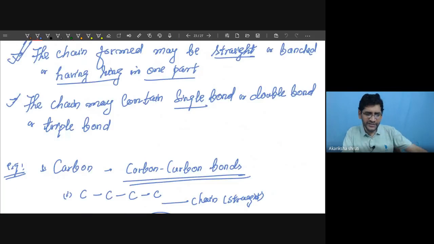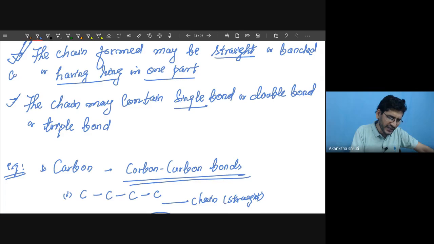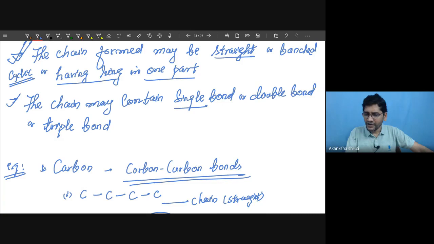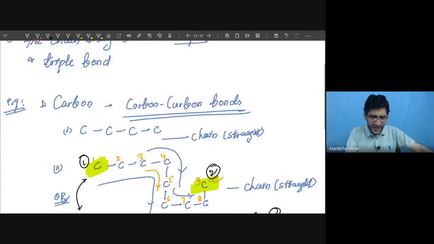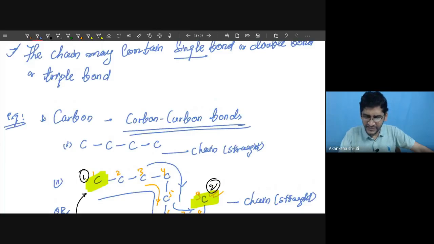So the chain formation may be straight or having a ring in one part, or maybe the ring itself. So ring is also called the cyclic. So maybe cyclic or a straight one. Now this straight or open one may be branched or unbranched. So the very first is the straight one, also called unbranched.